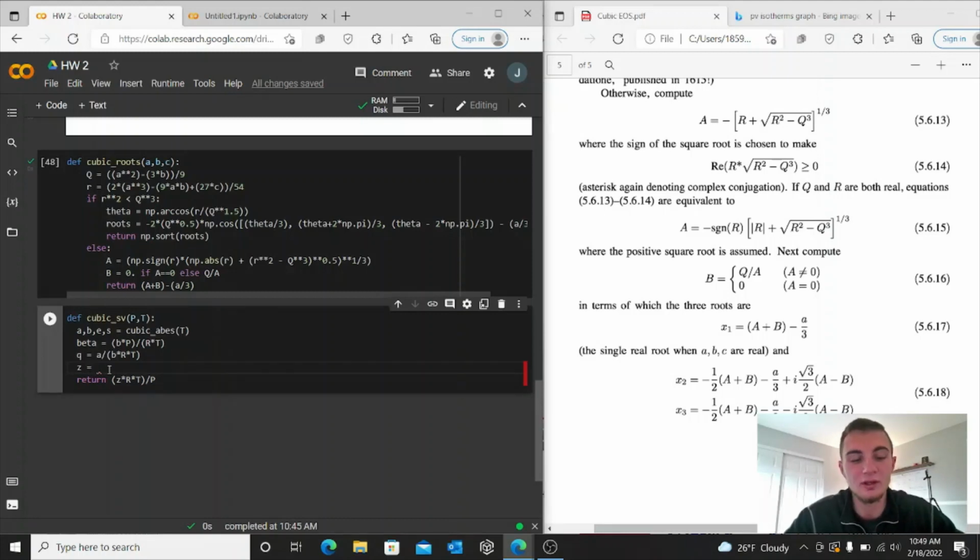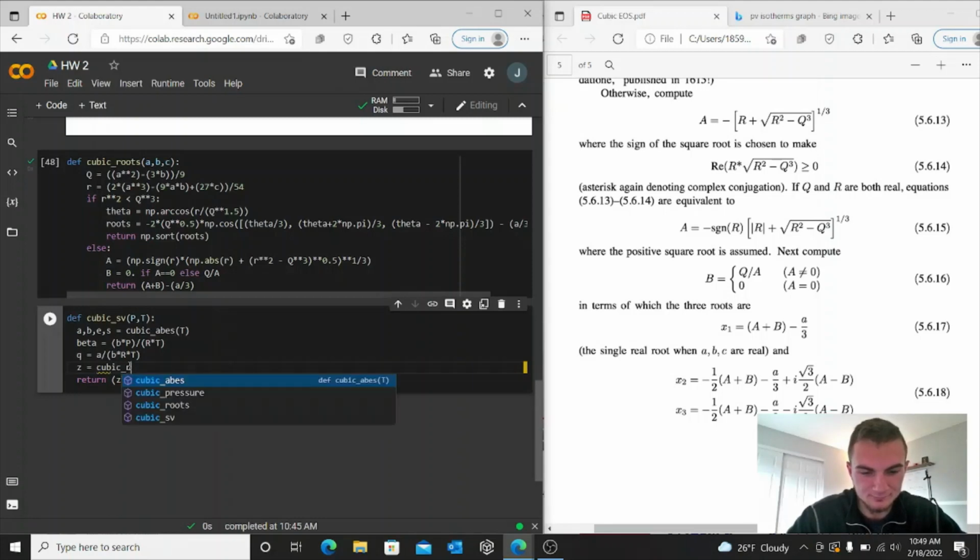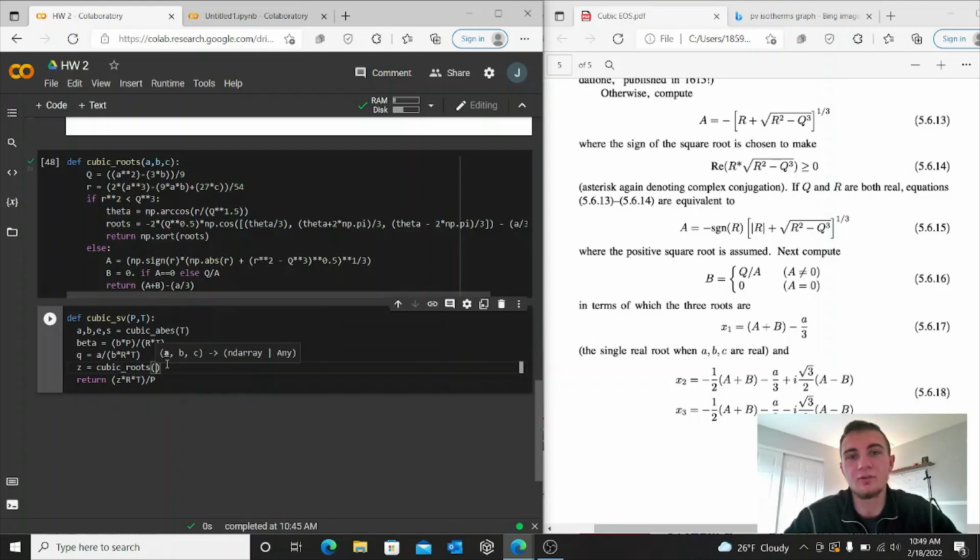So I'm going to go ahead and write these out. This will allow us to solve for the roots of Z and ultimately get our specific volumes.